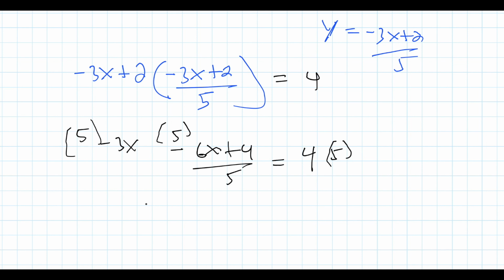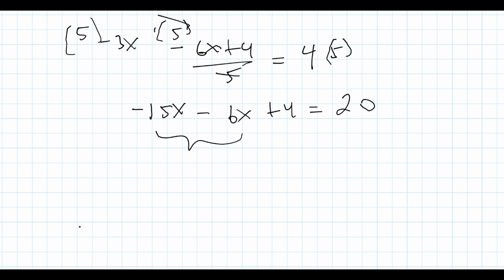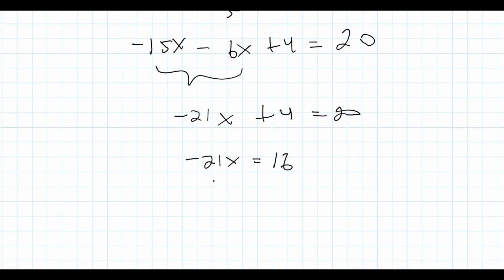It becomes negative 15x minus 6x plus 4 equals 20. That becomes negative 21x plus 4 equals 20. Then negative 21x equals 16. And x equals negative 16 over 21.